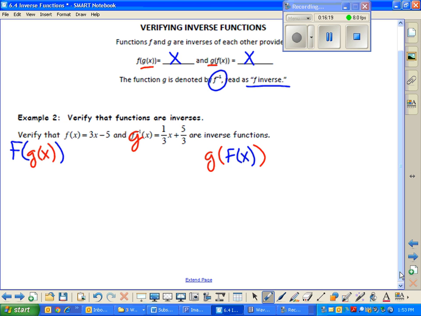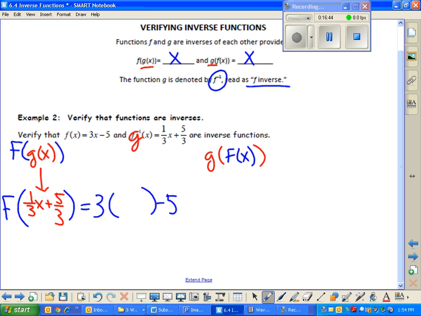I'm going to replace g of x with what it's equal to. G of x in this problem is 1/3 x plus 5/3. And then this is telling me I need to substitute that in to function f wherever I see an x. So it was 3x minus 5, so it's 3 blank minus 5.